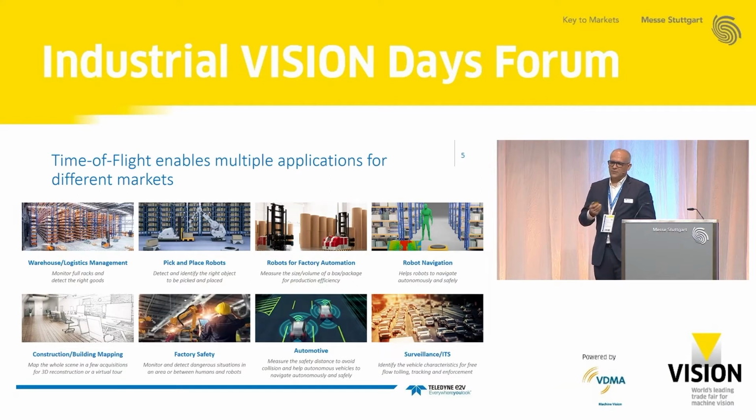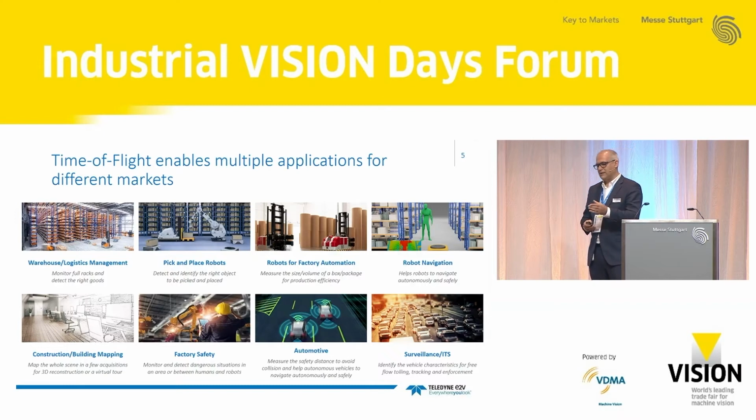Time-of-flight technologies have been enabling new applications in the last years in multiple markets. But all these markets have a very heterogeneous set of requirements, thinking about field of view, distance range, reflectivity range, 3D frame rate, etc., just to name a few. And it's very difficult to define a closed set of requirements for each market.